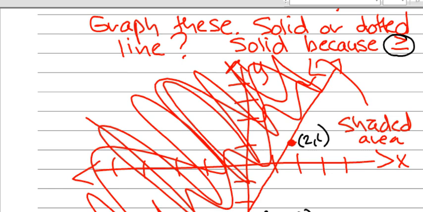And then also, since it's greater than or equal to, I'm going to shade above the line. So I'm shading above the line. And if you want to, you can put a letter here on the shaded region. They do that in Hawks.